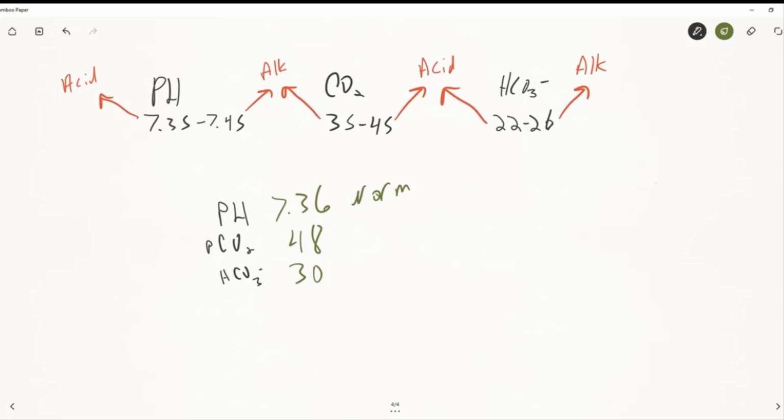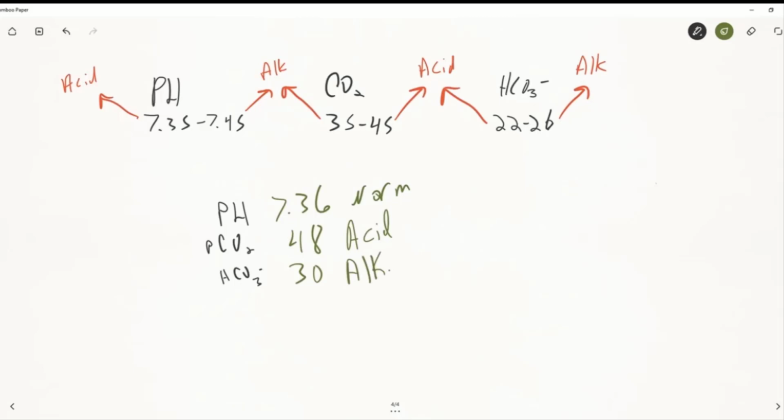But let's go ahead and look at the others just so that we're being thorough. PCO2 48, that says acid, so that's kind of raising a red flag. How can that be acid, but the pH is normal? Let's look at the bicarb of 30. Well, that says alkaline, so that makes it even more weird. So pH is normal, but neither of the other two are.